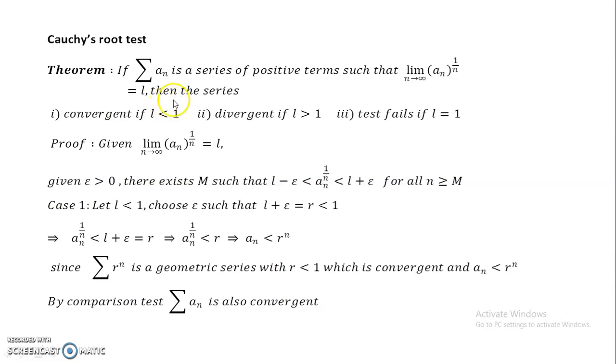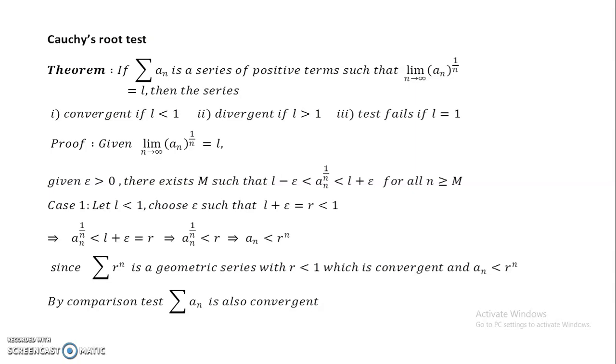If L is greater than 1, it is divergent. And if L equals 1, this Cauchy root test fails. Now let us see the proof of this Cauchy root test.